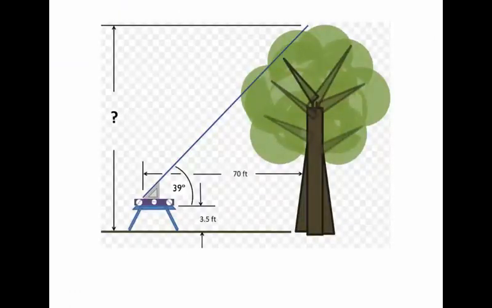Okay, here we go. So we can use this stuff to find very useful things, like the height of a tree that's really tall, that we don't want to use a tape measure for, right? So it's dangerous. By using angles and triangles and the relationships that we just learned, we can find the height of the tree.